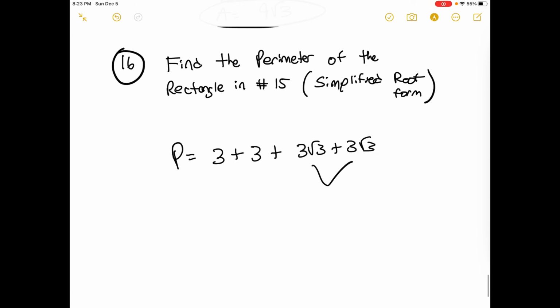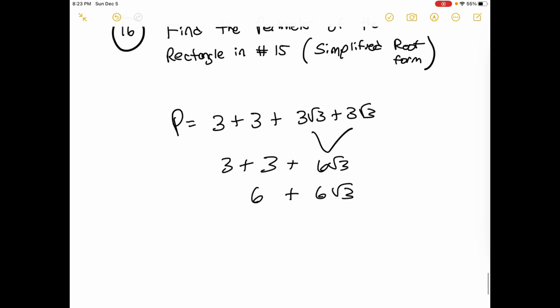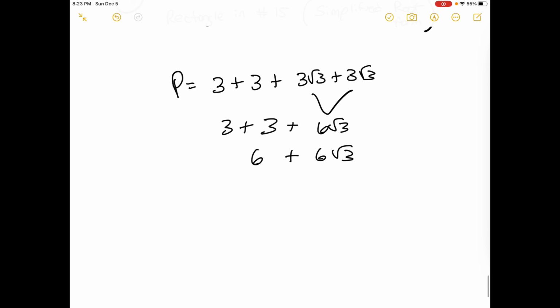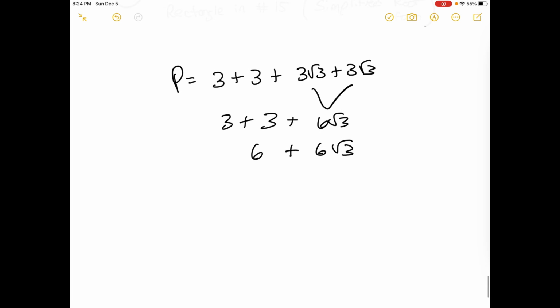Adding these together, that is 6 root 3. And so that gives me 6 plus 6 root 3. That's as far as you can go if it's in simplified square root form. These are not like terms, so we'll just leave it like that.